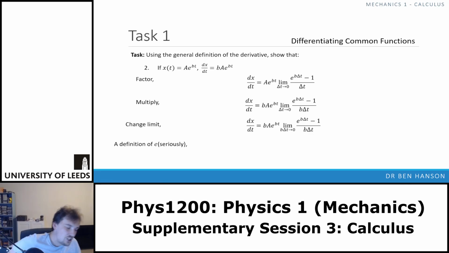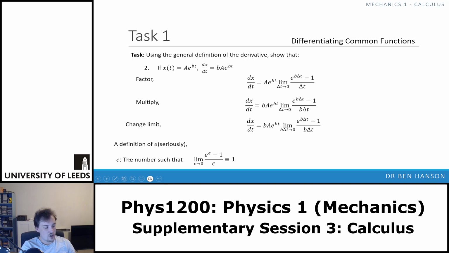that the definition of the number e, how it's defined, is the number such that the limit as epsilon tends to 0 of e to the epsilon minus 1 divided by epsilon is equivalent to 1.